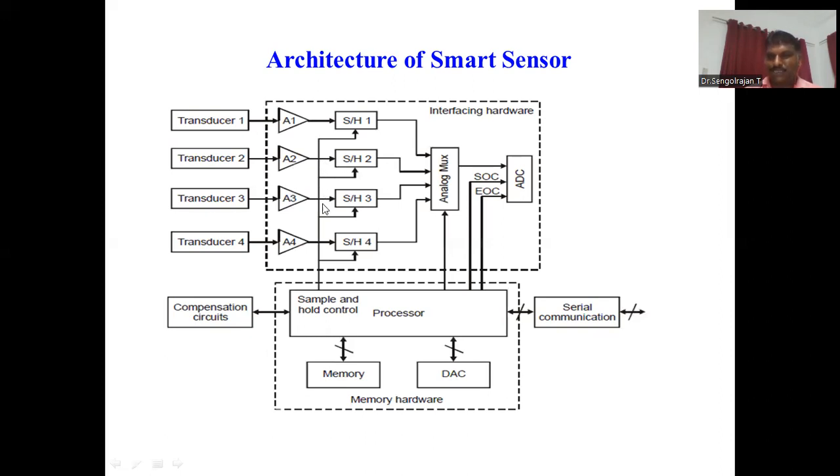That amplified signal is held in the sample and hold circuits, and after removing the noise, it is given to an analog multiplexer, which gives only one output signal to an ADC. This ADC follows the conversion of analog signals to digital signals using the SAR technique.